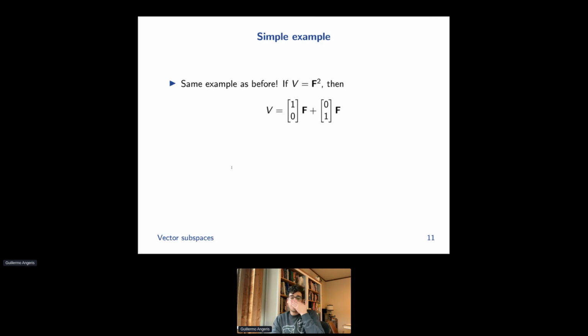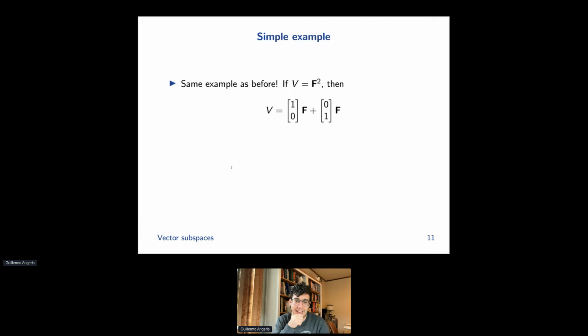It turns out the first example that we gave actually also satisfies this structure, and this is pretty easy to see. The vector space of all two vectors is simply the same as saying you're free to multiply the 1, 0 vector by anything you want, and you're also free to multiply the 0, 1 vector by anything you want. If you add those two things together, you get the set of all possible two vectors.